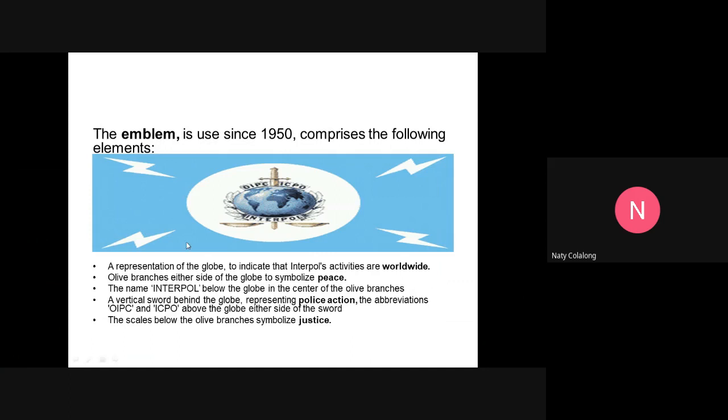The olive branches, in both sides of the globe, symbolize peace. The name Interpol is here below the globe in the center of the olive branches.